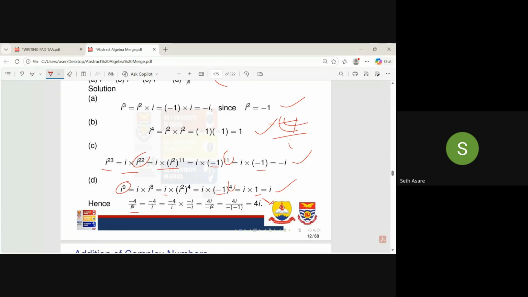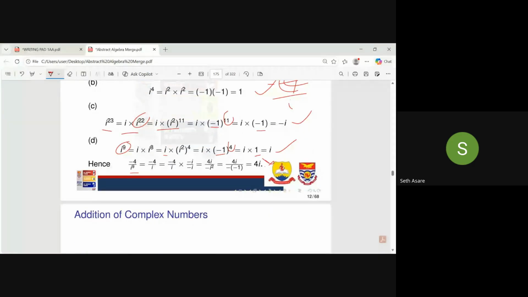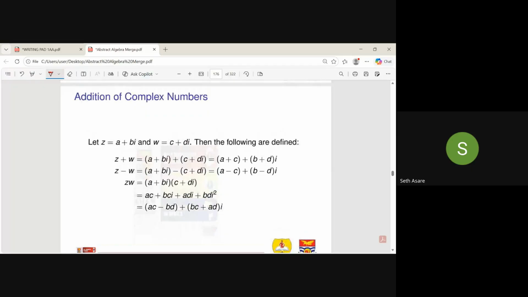Why are you saying so? I think because we are saying that i to the power 9 is i, so the negative 4 on i to the power 9, we replace the i to the power 9 with i. That is it. Thank you. All right.